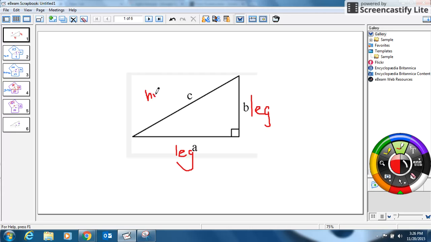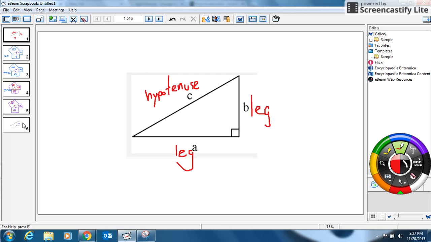Okay, I'm going to try my best to spell this word here. It's going to take my whole 10 minutes just to spell this word. Hypotenuse. That's not bad. I'm pretty proud of my ability there to spell it. So another way to think about it, the hypotenuse is always the side opposite the right angle.